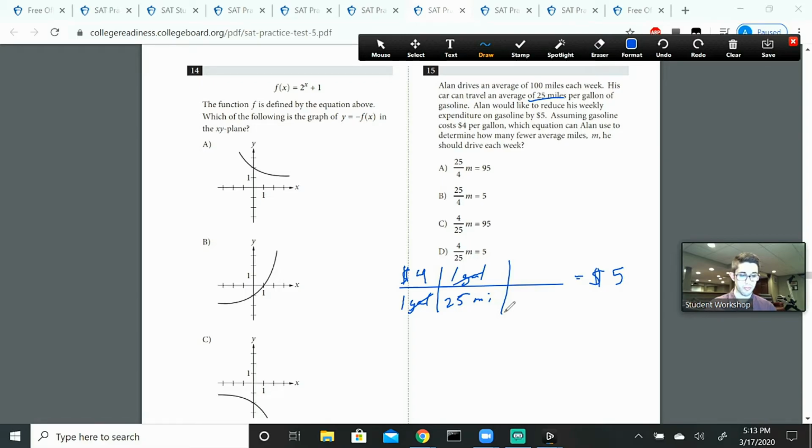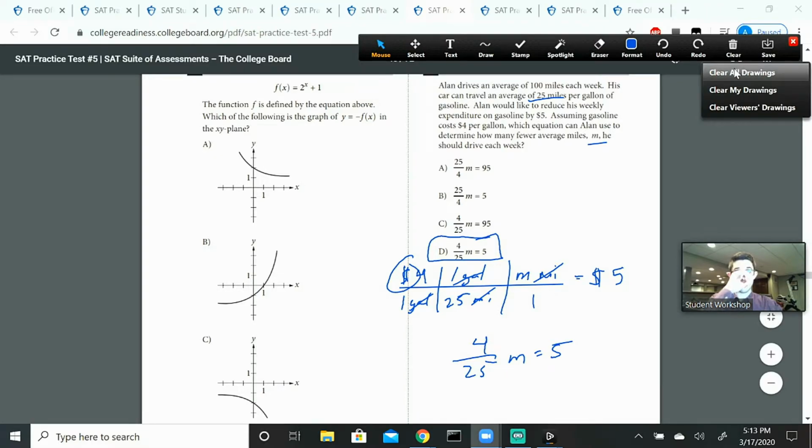And now I need to get rid of miles. And what they're saying is that he wants to solve for m, so this equation has to include m miles, and that's not a ratio, so we just go over 1. Miles cancels, and we're left with just dollars, and we have 4/25 M equals 5, both resulting in dollars. So D would be our answer for that one.